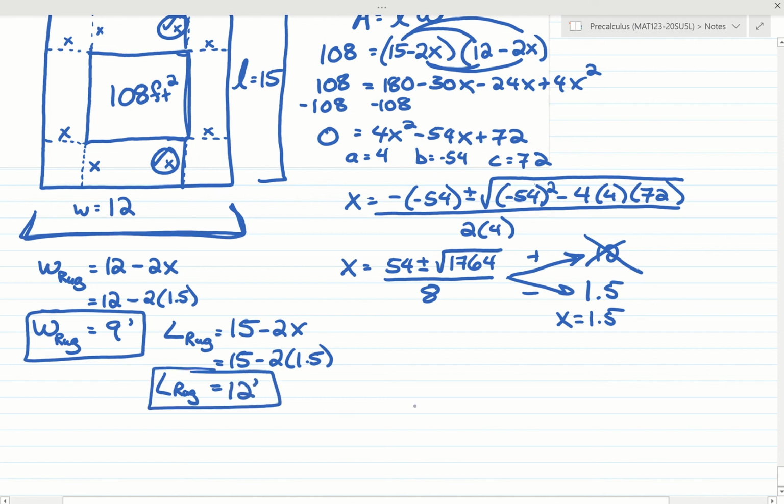So the dimensions of this rug would be a 9 by 12, 9 feet by 12 feet.